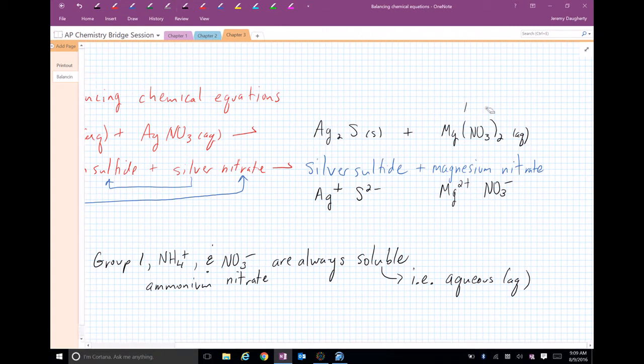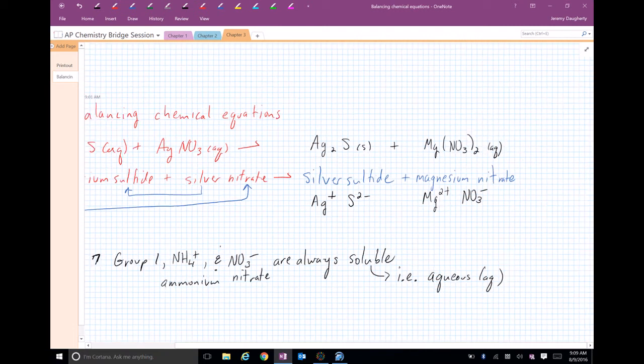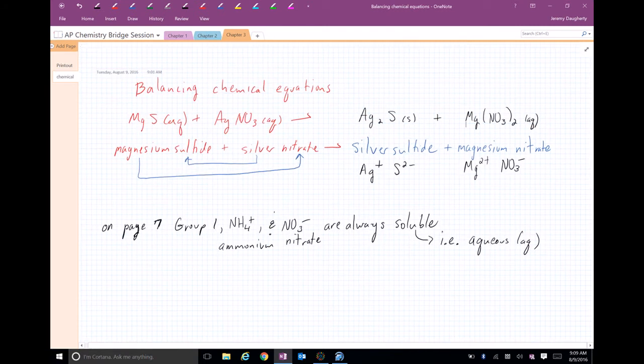Alright, so let's go ahead and balance this reaction. Why don't you take a stab at balancing it, and then I'll go through how to balance it. It's a straightforward one.